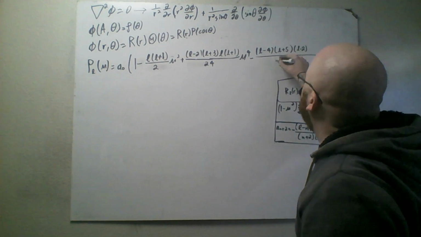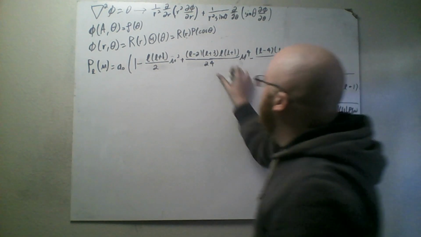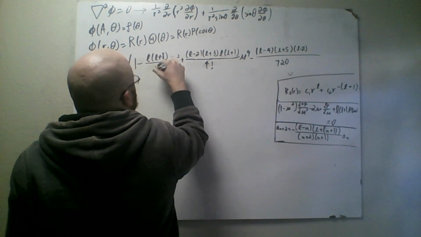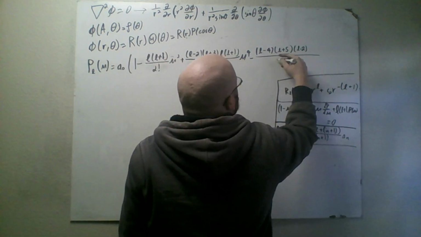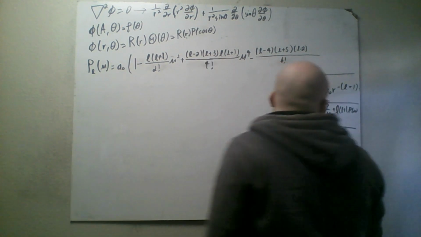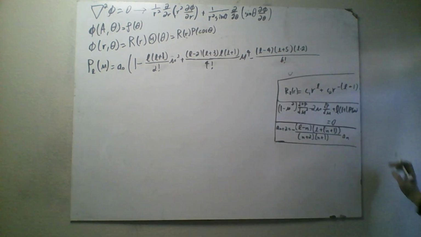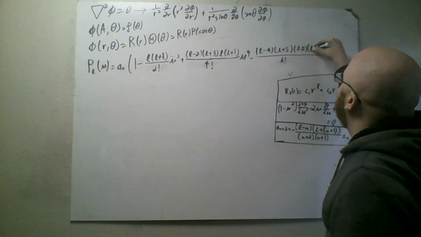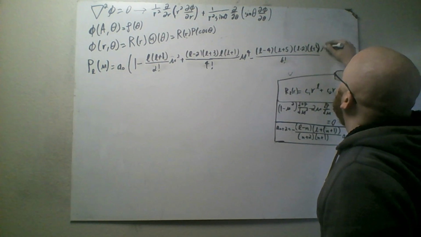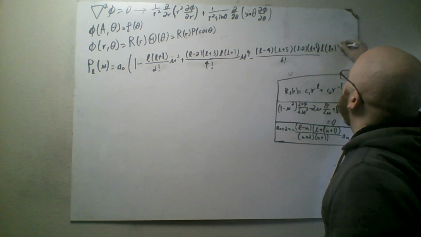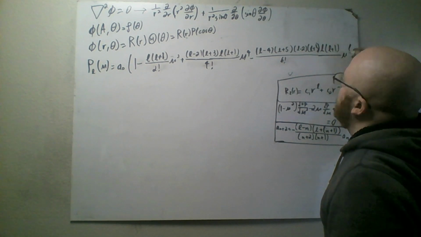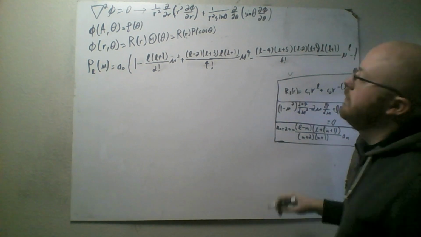If you guess the pattern, this becomes 6 factorial, right? Then L minus 2 times L plus 3 times L plus 1, times mu to the 6, and it just keeps going. So those are all the even terms.